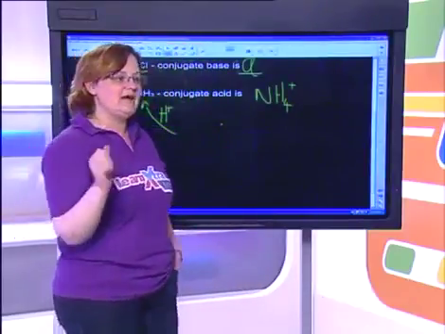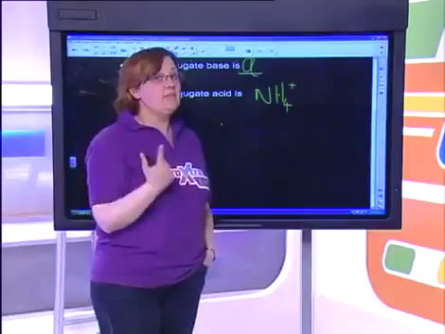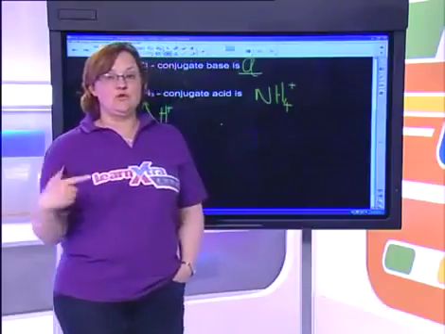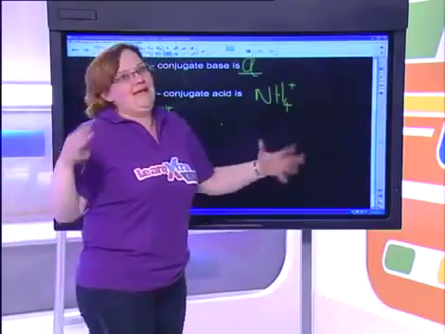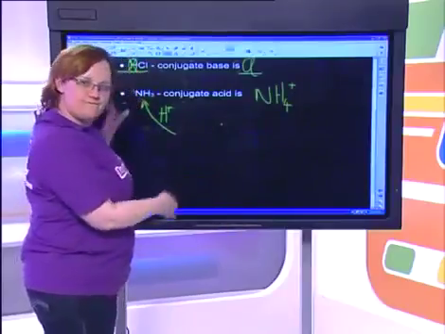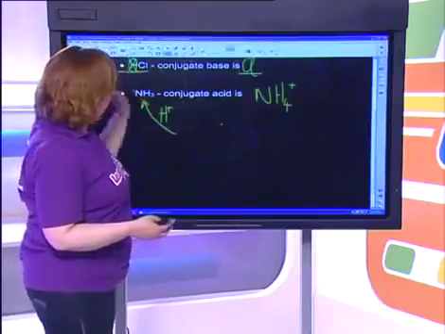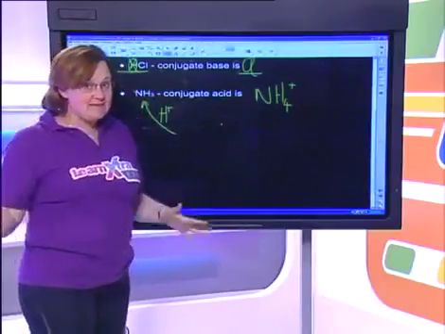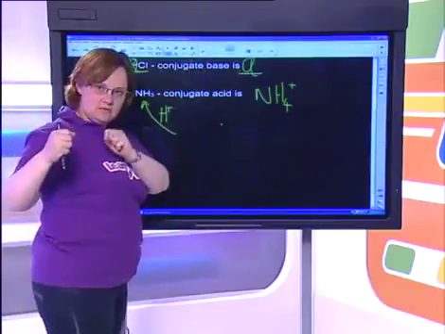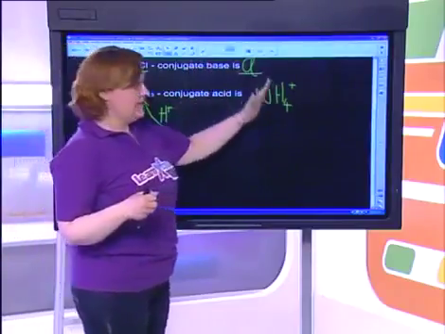Okay, you would have learned how the hydronium ion is formed and how the ammonium ion is formed, in terms of the bonding. Now we're going, okay, well, where did the H plus come from? From an acid. Okay, the ammonia has acted as a base. It has taken the hydrogen, formed NH4 plus.